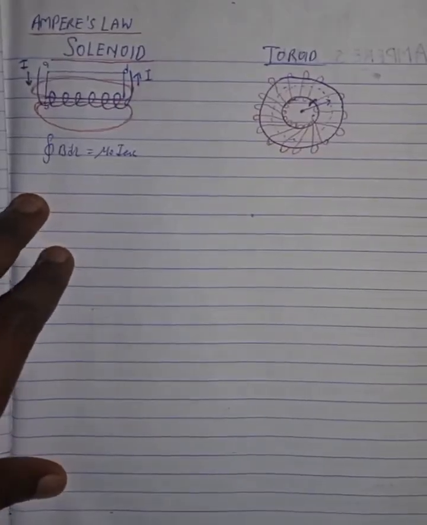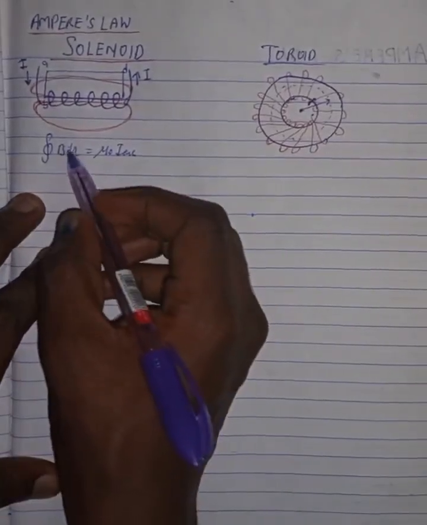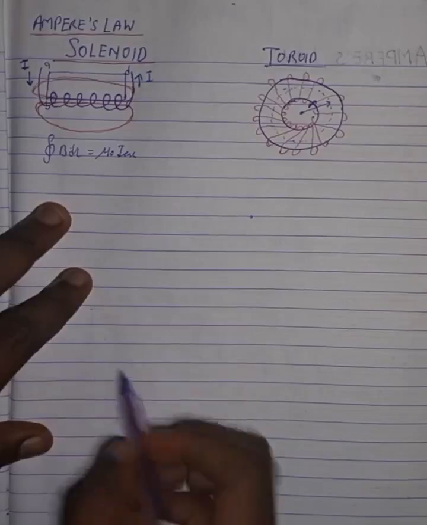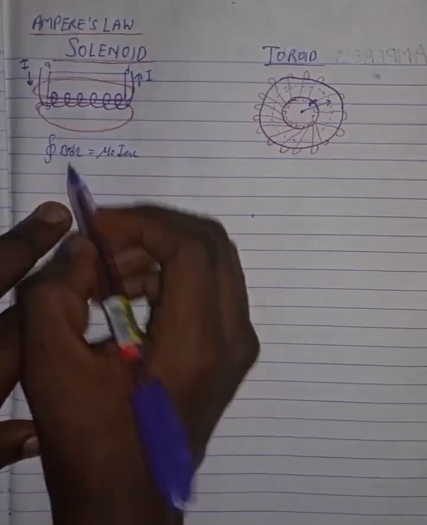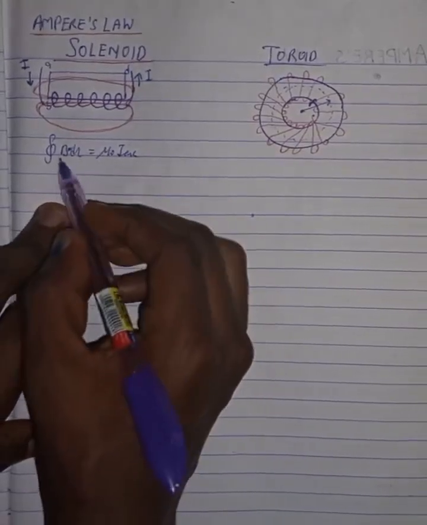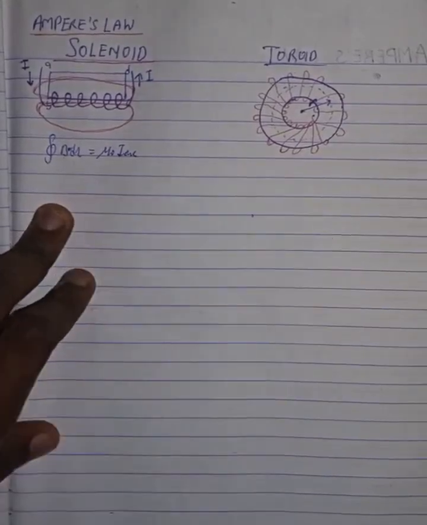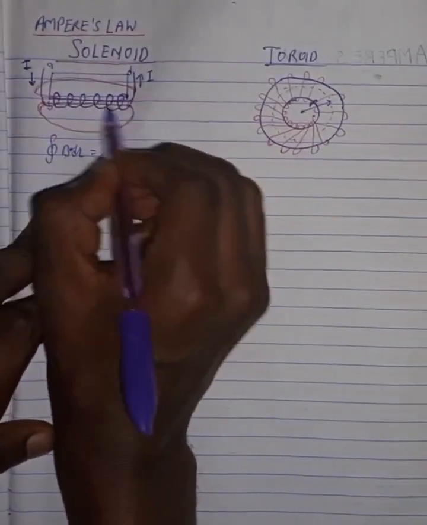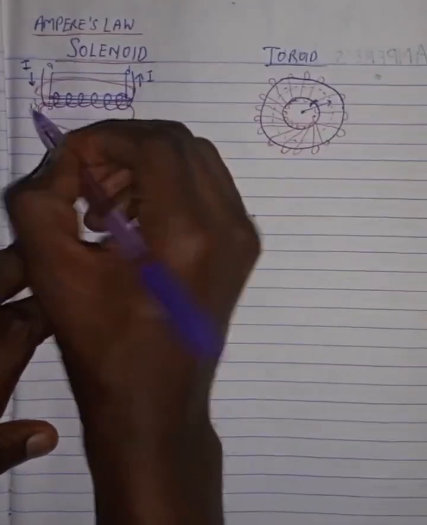Now, remember that when I evaluate this dot product, for it to not cancel away, B and dl must be parallel, in the same direction. My magnetic field is in this direction here.